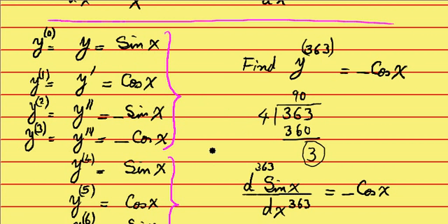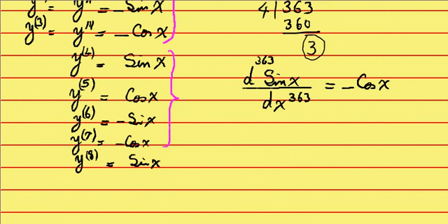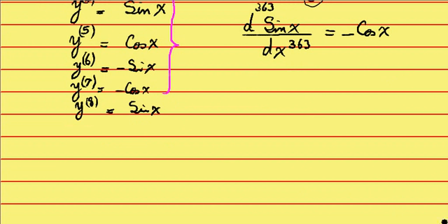And that's going to give us the function that we want. I'll recommend that you go ahead and do the same thing for cosine. So here is a question. Find the 51st derivative of cosine of x.